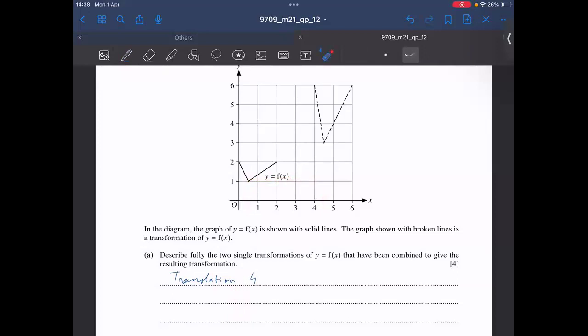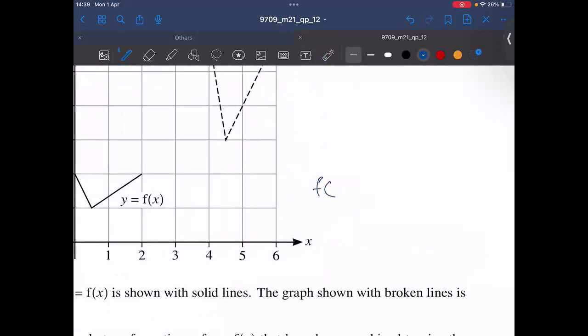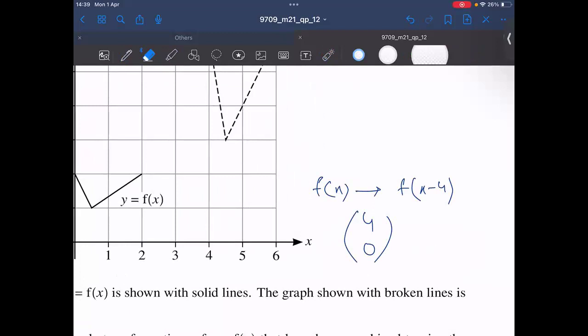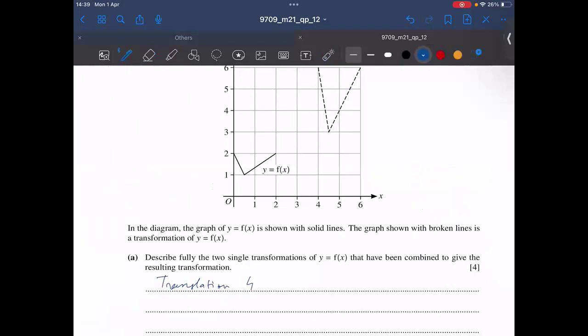If you are asked to state in terms of f(x), let me clear it for you: if f of x has been translated towards the right 4 units, it's going to become f of x minus 4. But when you write the translation vector, it's going to be plus 4. Always remember. Is it clear or not, Mr. Imad? सही है. Now, the translation vector is going to be 4. 1, 2, 3, 4. 4 and how much?